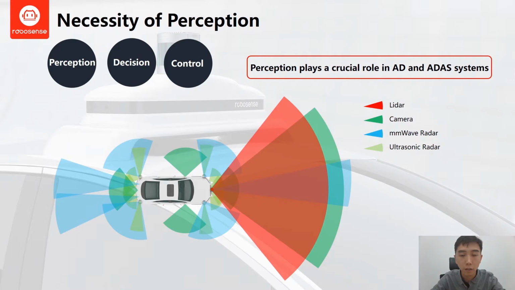And also nowadays, people are using multi-sensor fusion systems. People are using LiDAR, camera, radar, ultrasonic, and so on. And the systems are becoming more and more complicated. So how can we guarantee such complicated systems work stably and well?